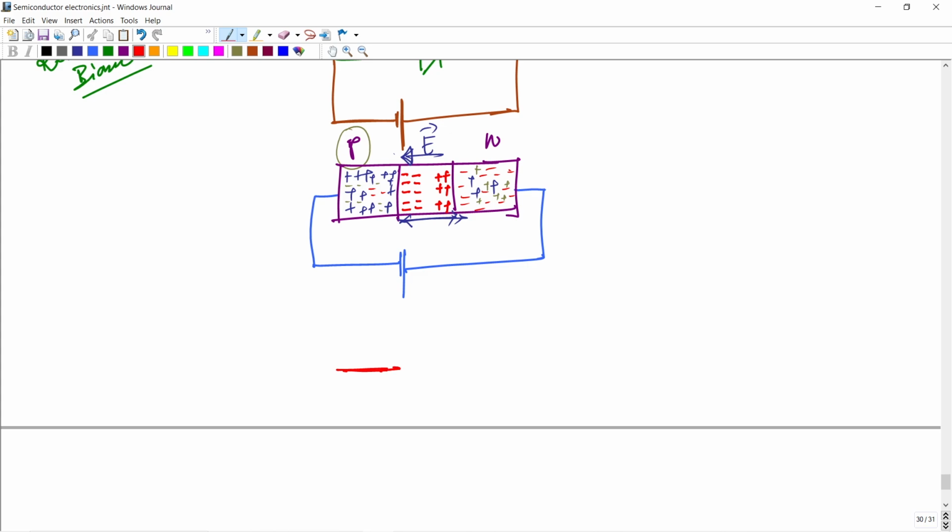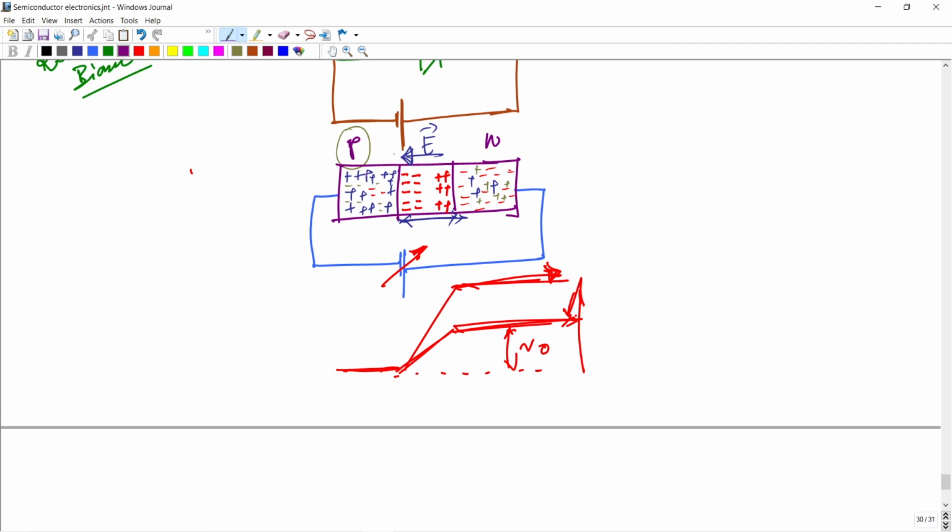There is some built-in potential V0, and we apply the voltage here in the opposite direction. So now the barrier potential must be higher. The barrier potential is very high, so the diagram now looks like this.